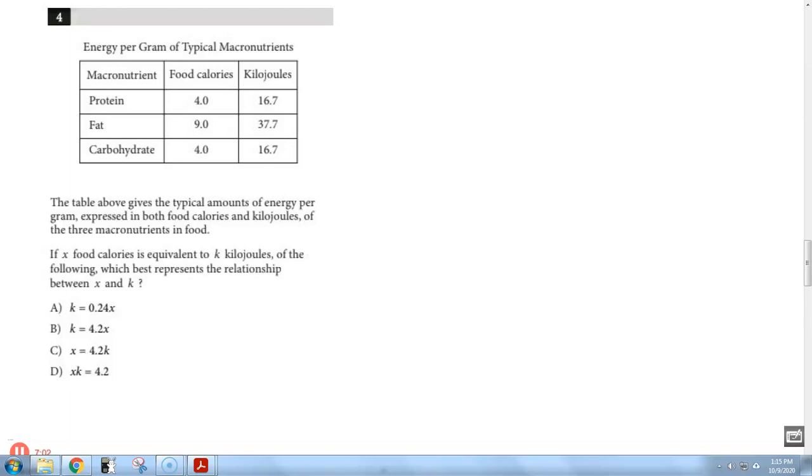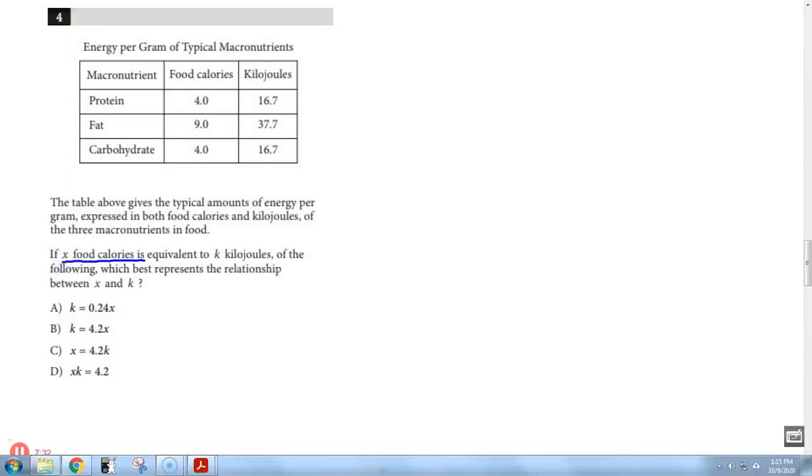But this chart's about the relationship. So it says, table above shows typical energy per gram. If X is equal to K kilojoules, X is food calories. So this is my X column, this is my K column.